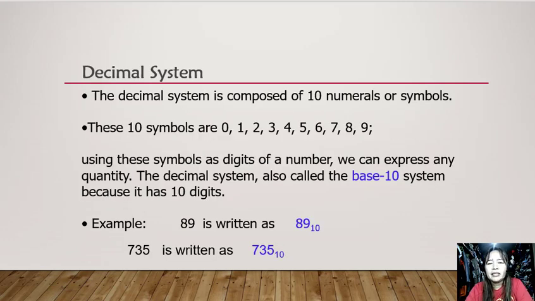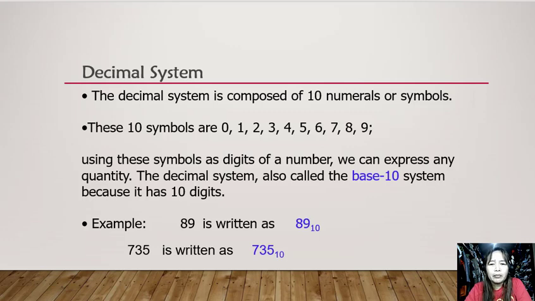I mentioned that aside from decimal we will be learning binary, hexadecimal, and octal. Let's start with the decimal system. The decimal system is composed of 10 numerals or symbols: 0, 1, 2, 3, up to 9. Using these symbols as digits of a number, we can express any quantity.